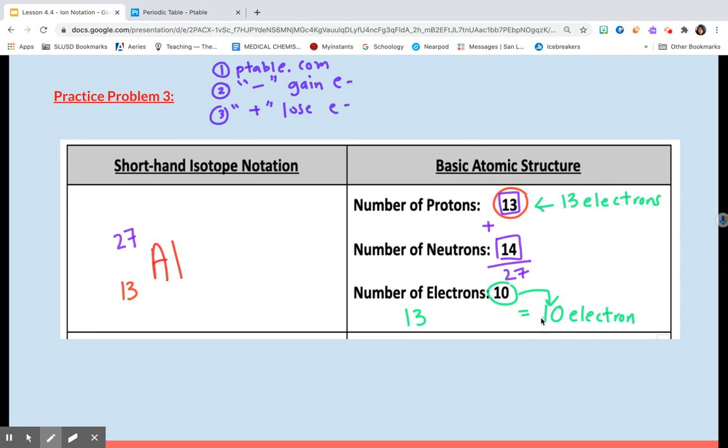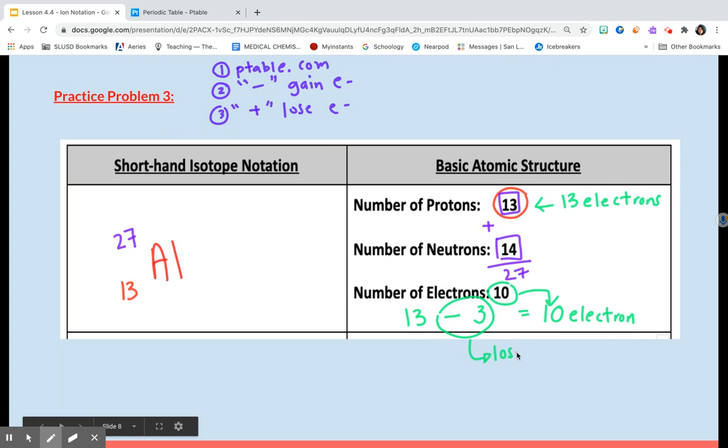So how did I go from 13 to 10? Well, I need to lose 3 electrons, right? So when you're looking at this, you need to think to yourself, okay, if regularly it has this many, and then now it has this many, did I lose or did I gain? Right? So here I had to lose 3 electrons in order to go from 13 to 10.